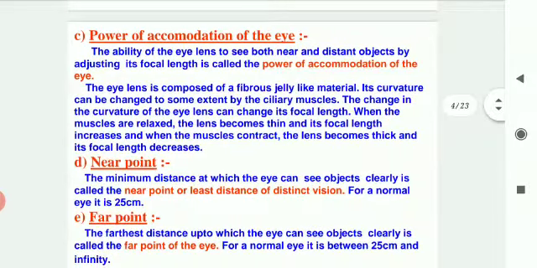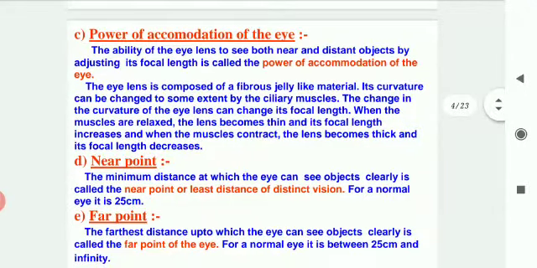You must remember that the connection between the eye lens and the ciliary muscles is just opposite. When the muscles are relaxed, the lens becomes thin, and when the muscles are contracted, the lens becomes thick. So please note this point.